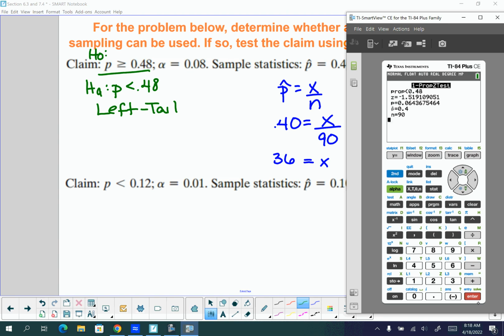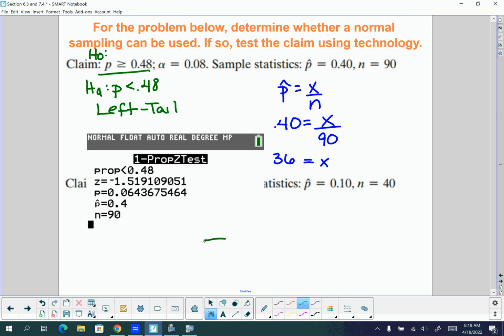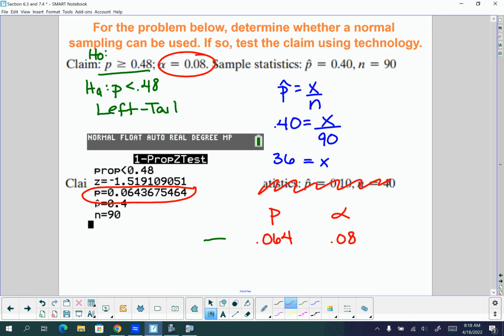And the p-value is what we care about here. That's what we're looking for. So when we don't use rejection regions, we're looking at the p-value, and we are comparing it to the alpha value, remember. Okay, so here we have p is about 0.064, and we have alpha was 0.08. So less than, greater than, what do we have?